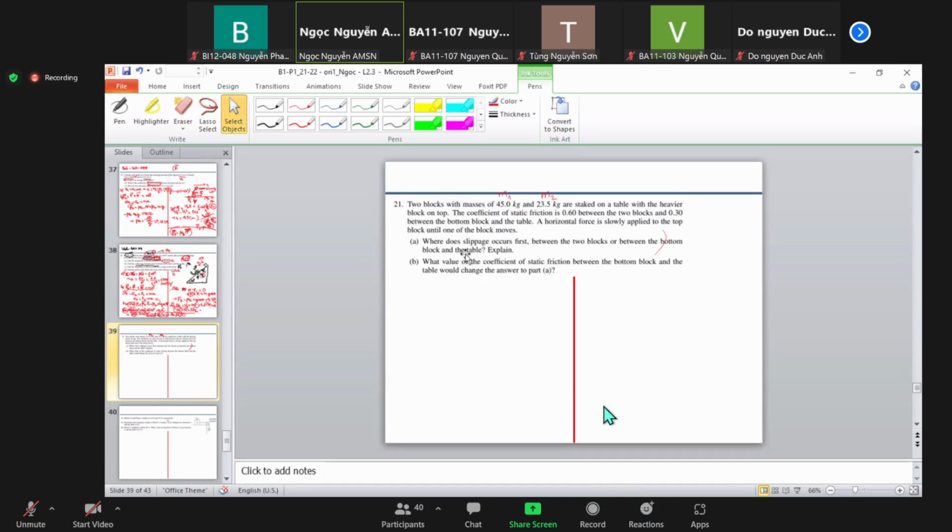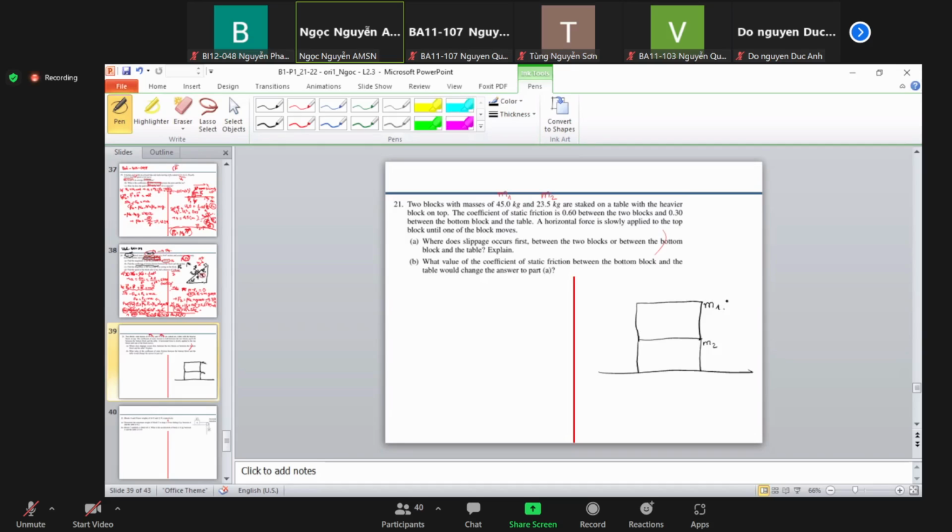Okay. So I will do it myself. I will draw a bigger sketch. Okay, I have M2 here, and here is M1.